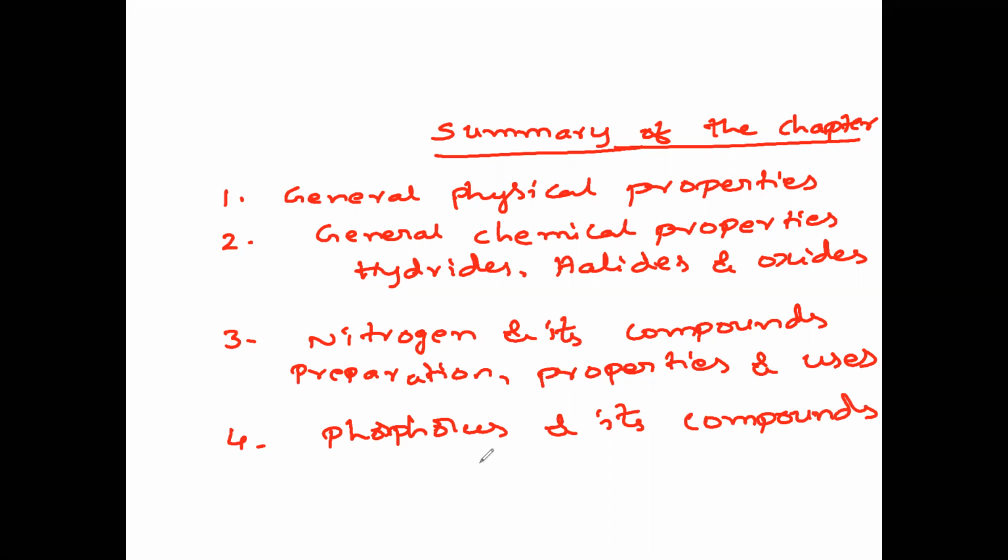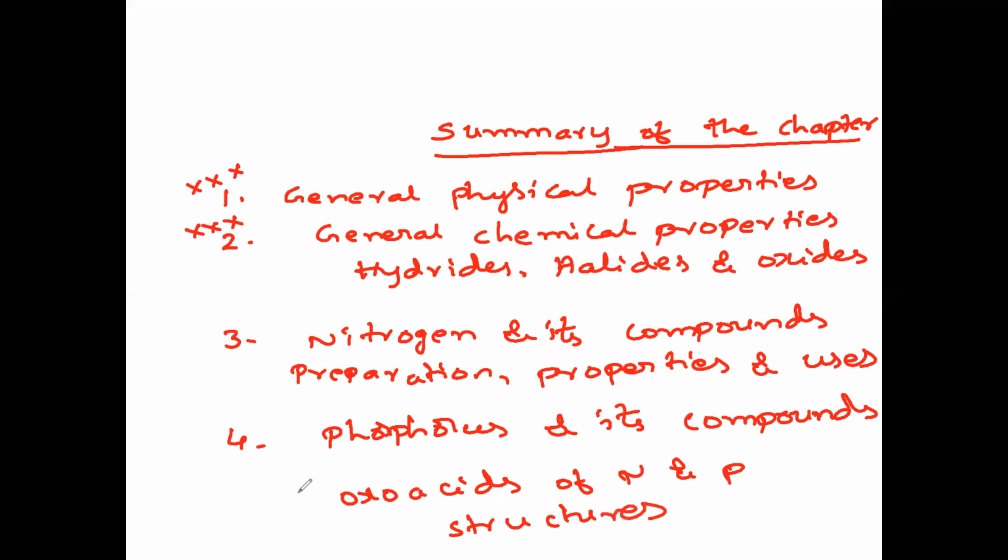In all these cases, general physical and chemical properties are most important. In nitrogen and phosphorus, the oxo acids of nitrogen and phosphorus along with structures are most important. So we have just 4 topics, and we have covered everything. That's why this chapter is very small. So this is the summary of the chapter.